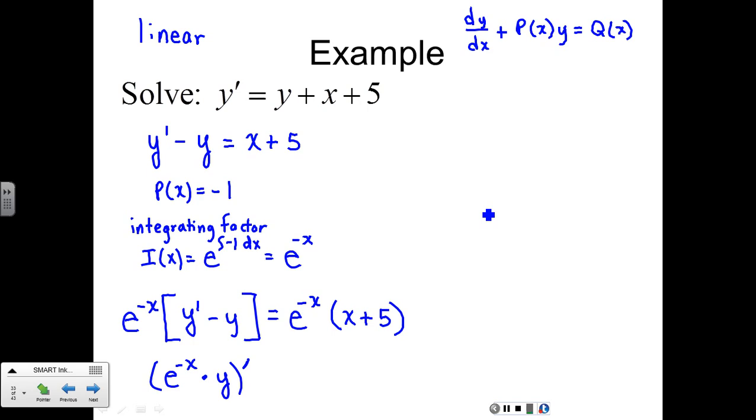Now, over on the right side, it's not as nice. You're going to distribute that, so that's going to be x e to the minus x plus 5e to the minus x. Integrate both sides.